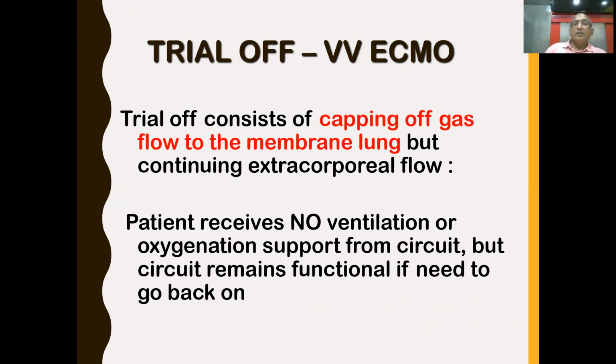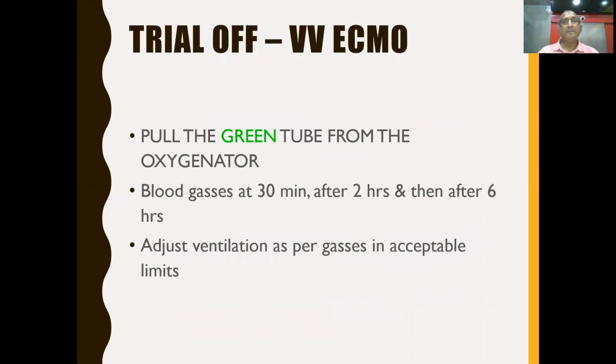So for VV ECMO, the methodology is very simple. You just have to do a capping of the gas. Whatever oxygen source is connected to the oxygenator, you just have to remove that. That means there is no ventilation or gas exchange taking place at all from the circuit. The blood coming into the circuit goes back the same way it was. So you just pull the green tube from the oxygenator.